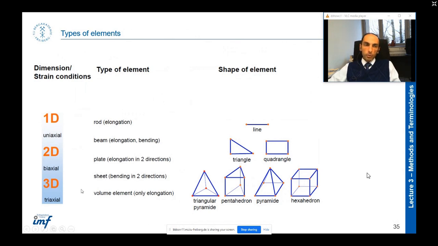For the 3D case, examples of 3D elements are the triangular pyramid, pentahedron, pyramid, or hexahedron. They are used in sheet metal forming, or when you have bulk forming in volume and you need volume elements.